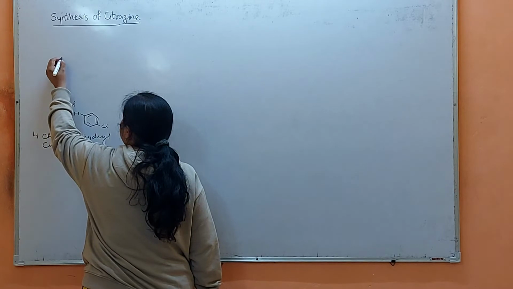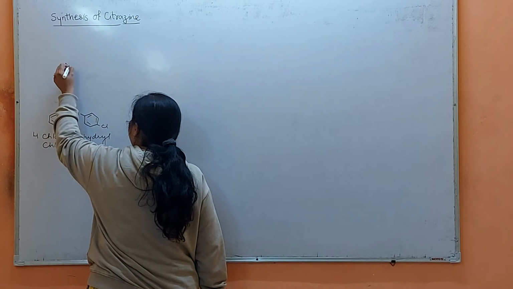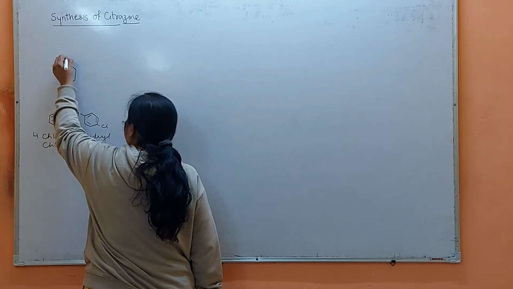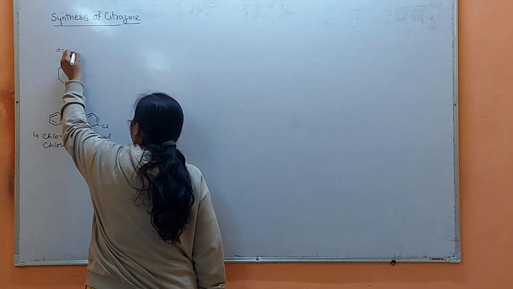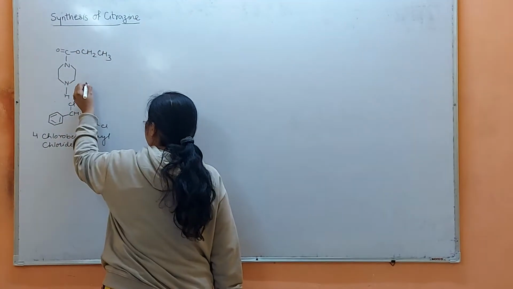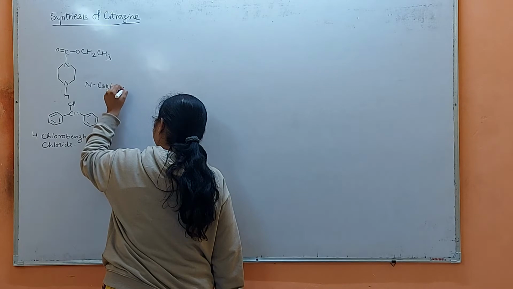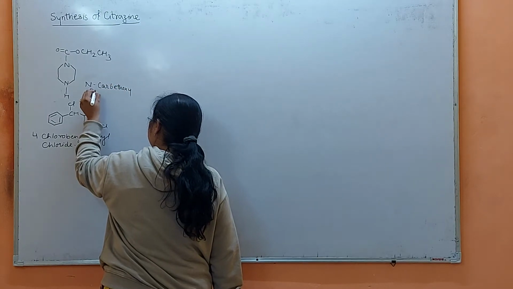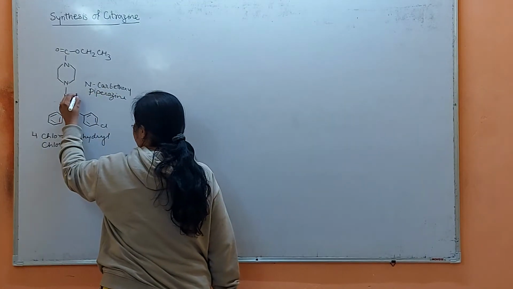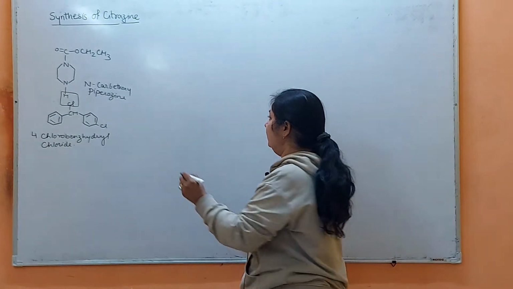Now it reacts with N-carbethoxypiperazine. This is your N-carbethoxypiperazine. Now see, in presence of Na2CO3, HCl will be removed.